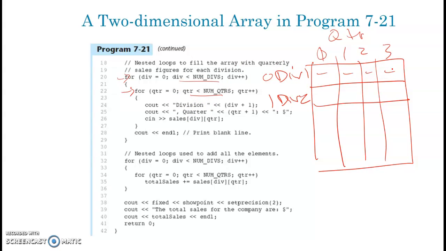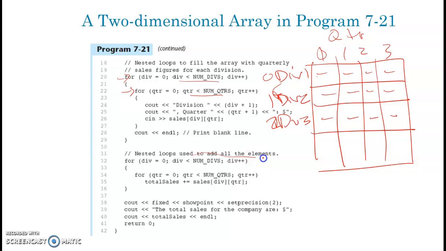This is filling in row major, so it will fill all 4, fail the inner loop, go out and increment the row representing a new division, reinitialize the inner loop, and fill each column of the second row for division 2, fail the inner loop, go back up, and increment to division 3. So division 3 is going to be represented by row 2, and it's going to fill in the sales for each quarter, and it's going to do that however many times num division is.